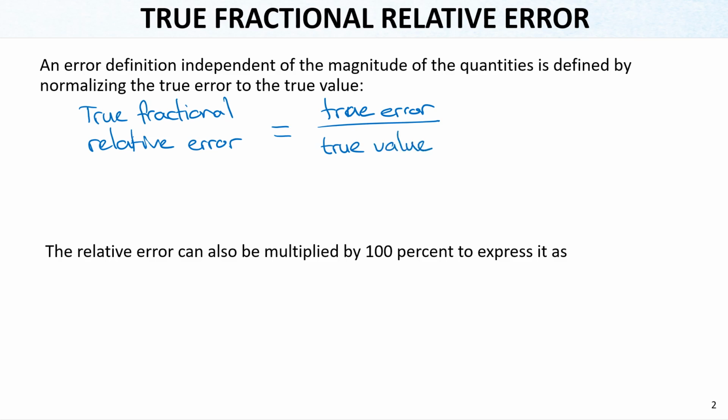And in here we already defined in the previous slide that this true error is ET, and it is the true value, we said that it's x minus x tilde, the approximate value, and this true value here is x. So basically it is x minus x tilde divided by x.